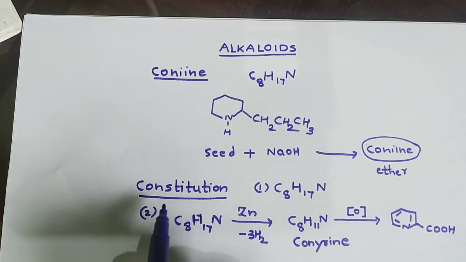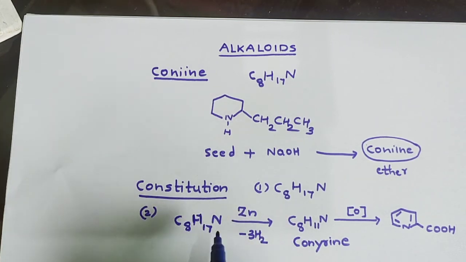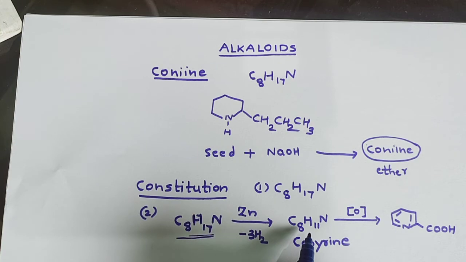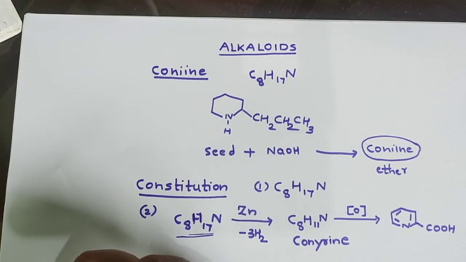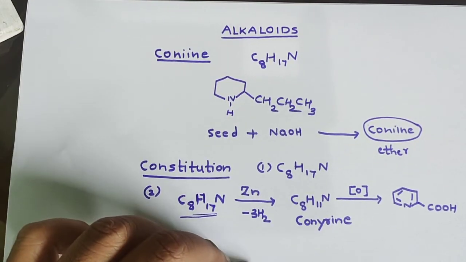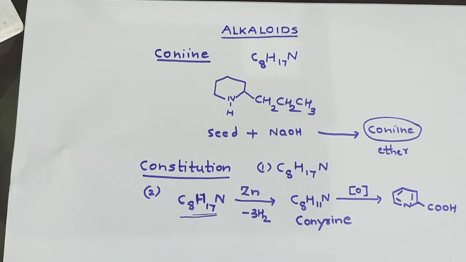See, we are trying to find the structure of this. We don't know the structure of this molecule, that is the alkaloid. When this alkaloid is treated with zinc, it gives conarine, which on oxidation gives 2-pyridine carboxylic acid. So from this we can confirm a few facts.